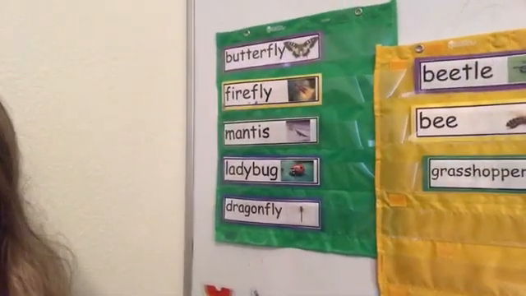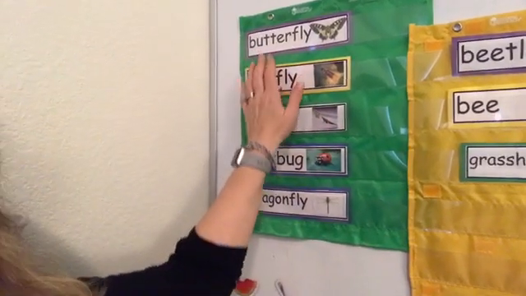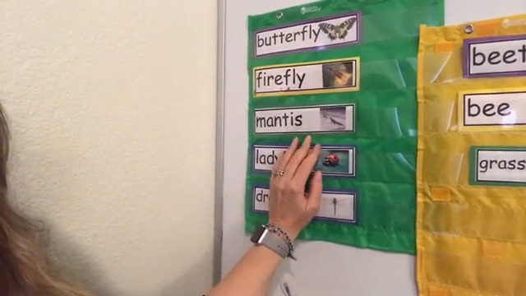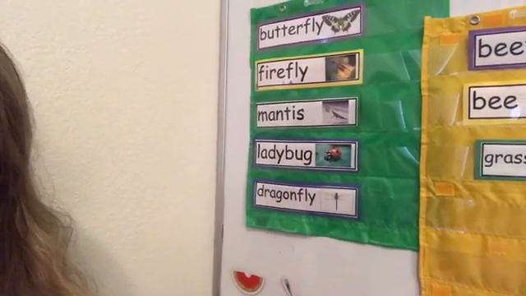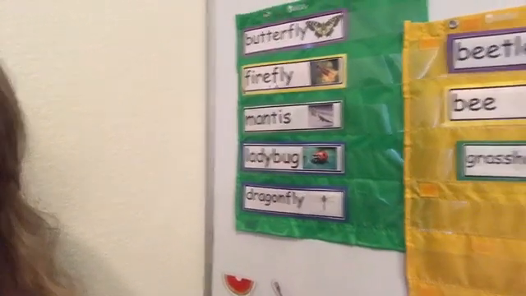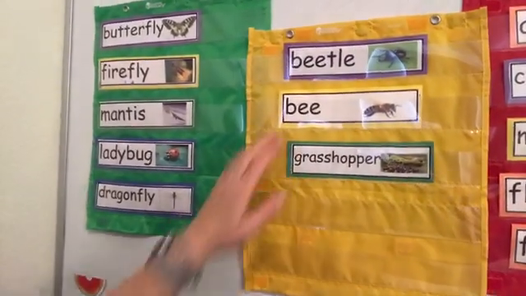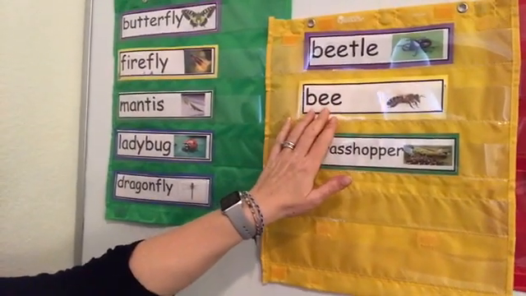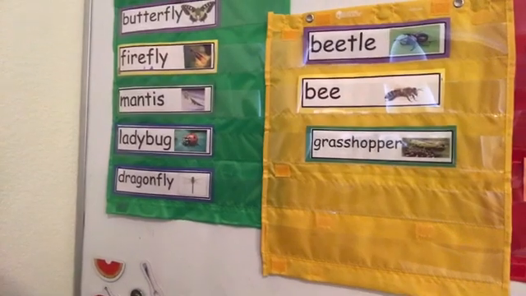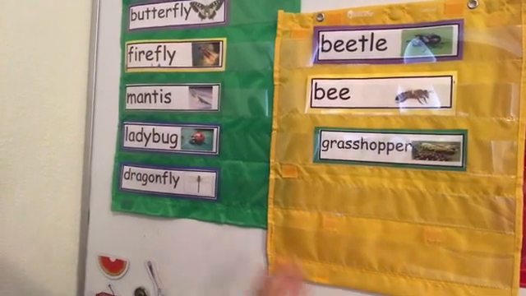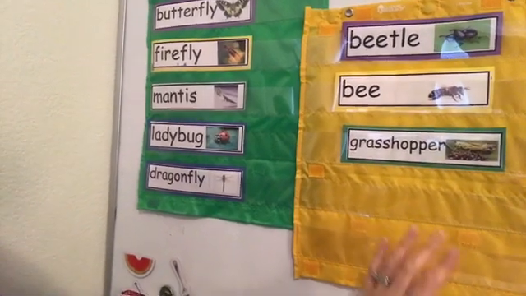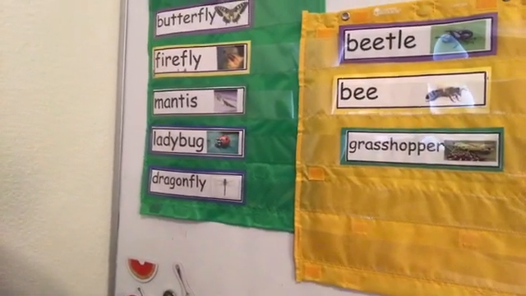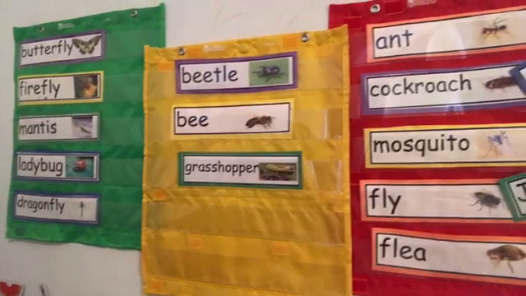So let's look and see. We have butterfly, firefly, mantis, ladybug, and a dragonfly. Those are insects that I like. Over here, we have beetle, bee, and grasshopper. Those are insects where there are some things I like about them and some things I don't, so I put them over here in the yellow one.